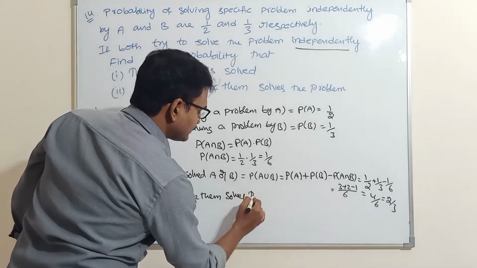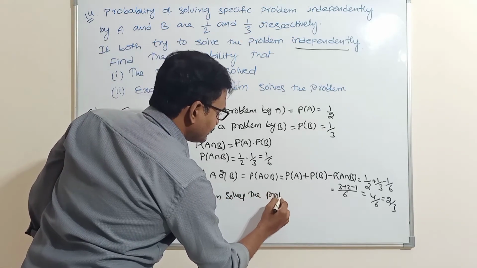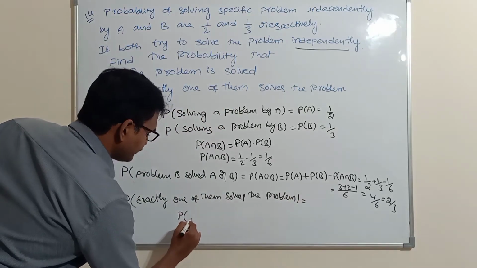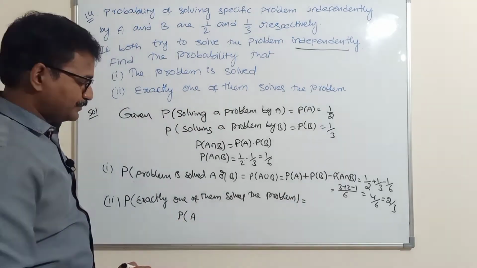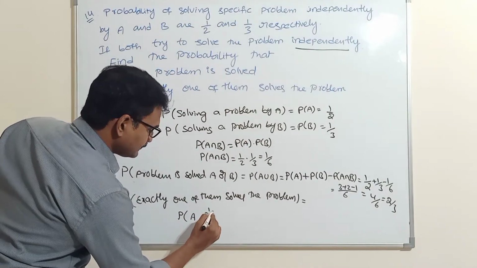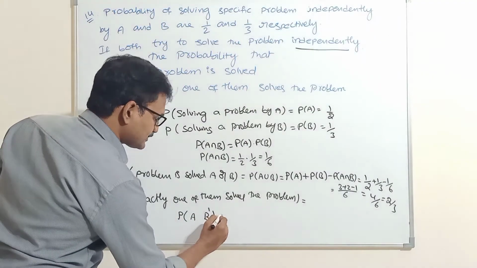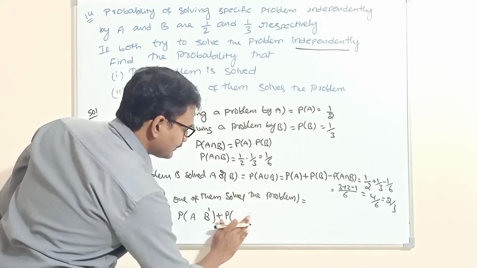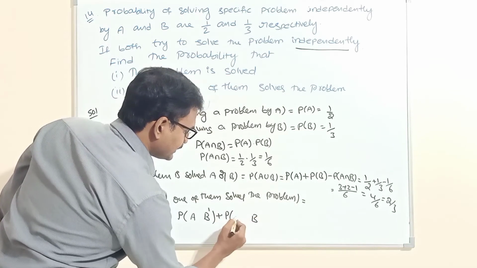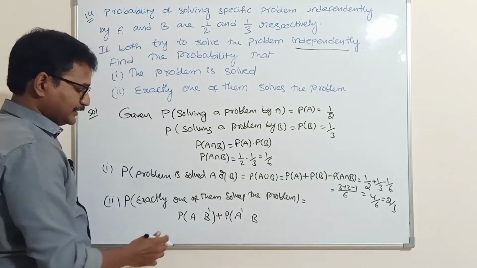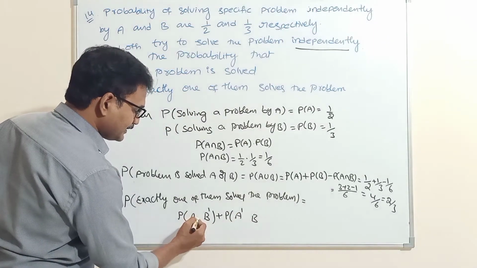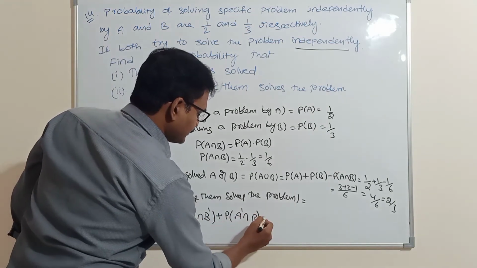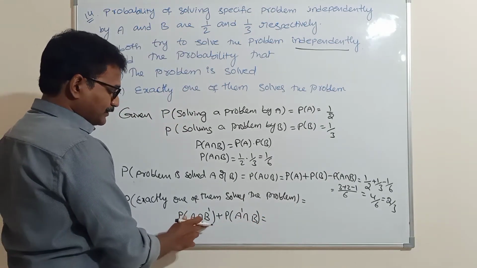Exactly one of them solves the problem is equal to P of, if A solves the problem, B should not solve, plus if B solves the problem, then A should not solve it. Any one of them, either A or B. So if A solves the problem, B should not solve.